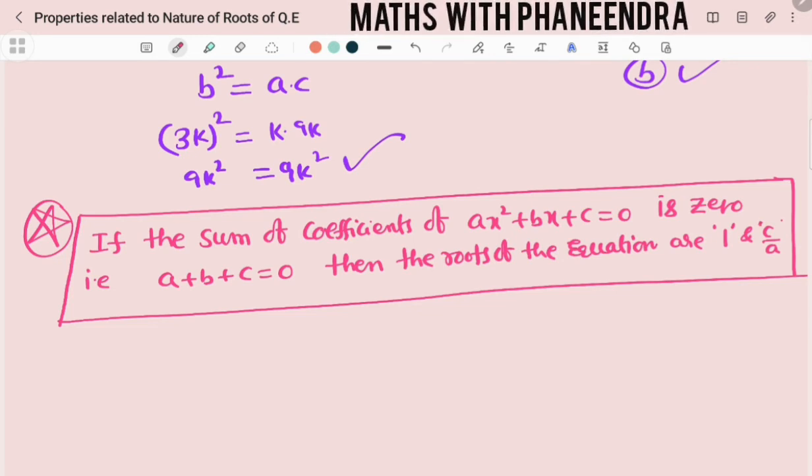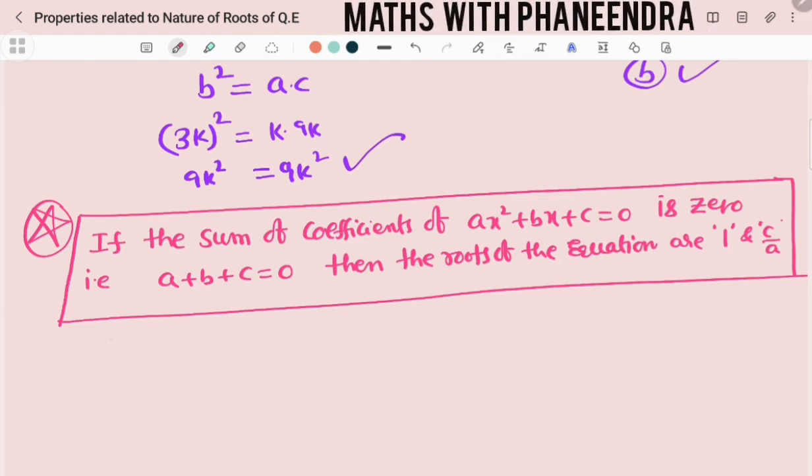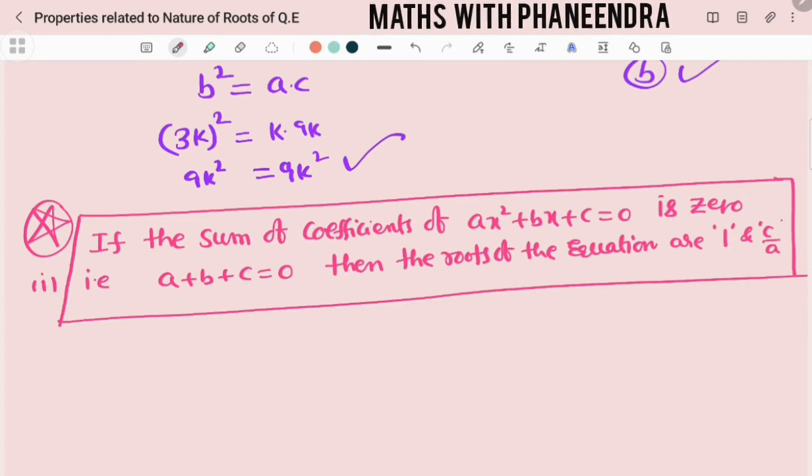Absolutely. From this, one other point. This is point number 1, now point number 2.